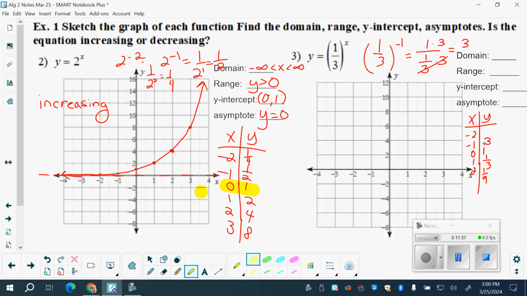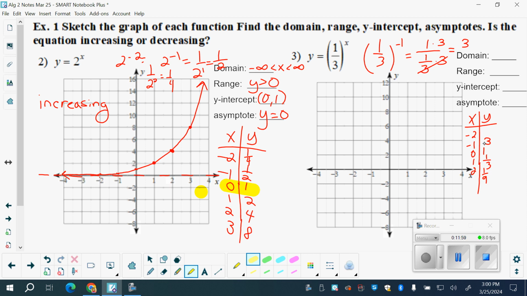So what did it do when we had that 1 over 1/3? What did it do to the 1/3? What did you just say, Zane? That's okay. Flipped it. That's right. It flipped it. Took the reciprocal. Made that 1/3 into 3. Okay.